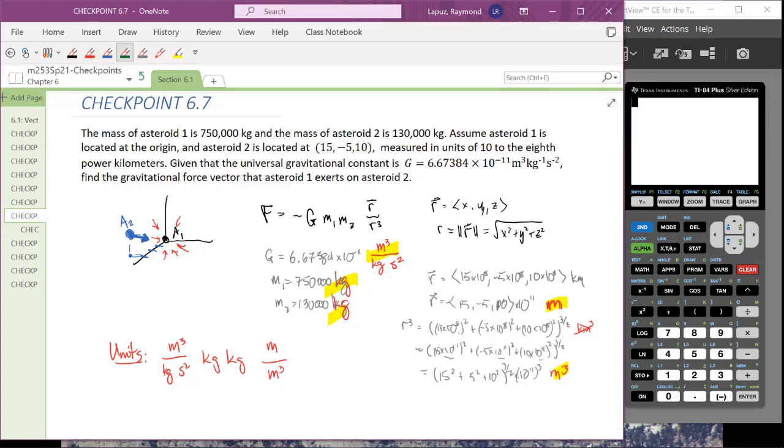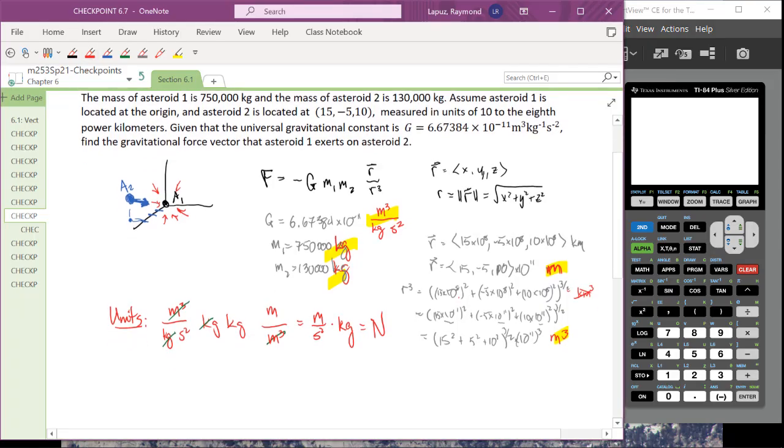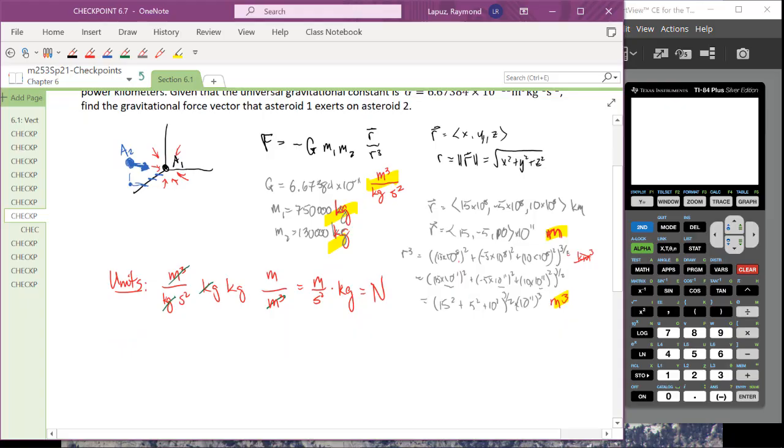After canceling a couple of kilograms and cubic meters, we rearrange this to be meters over seconds squared times kilograms, which is now our measurement in newtons. All right, so we got the units figured out, and they all work together fairly well.